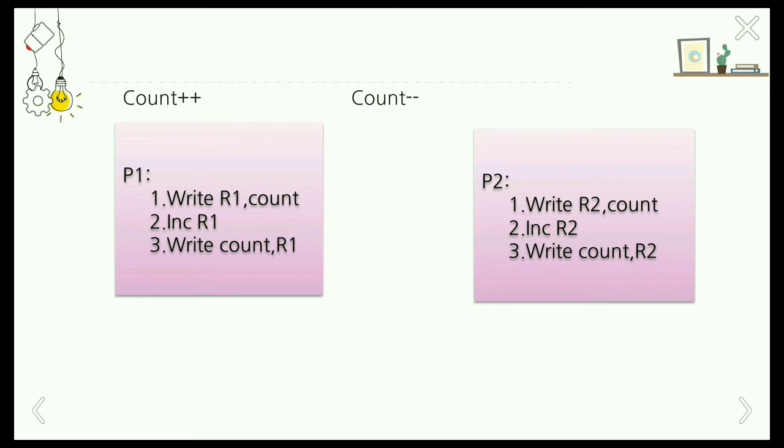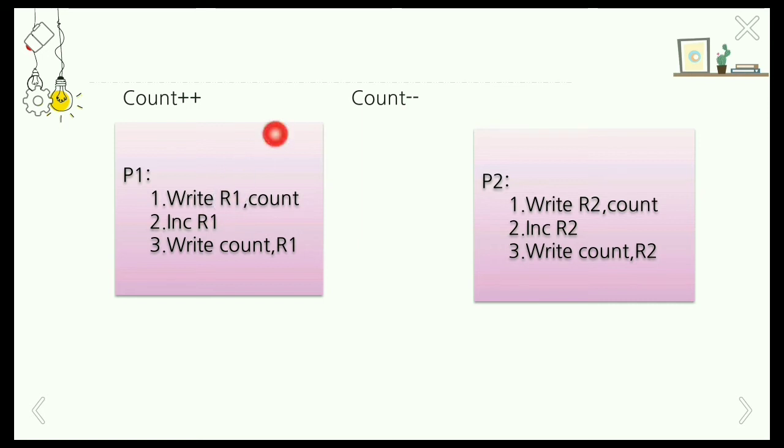After executing, it is going to increment the value by 1. If you want to perform any arithmetic or logical operations, it will be performed through the registers in the ALU. That's why in the first step we copy the value of count, that is 10, to the register R1.